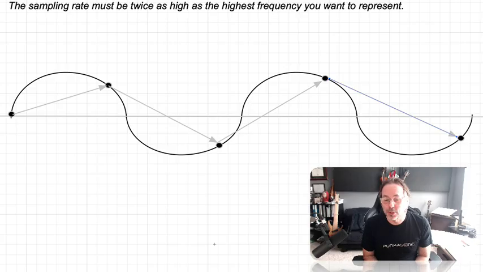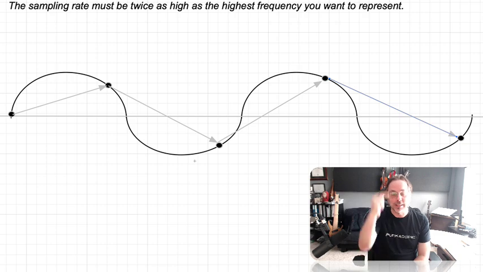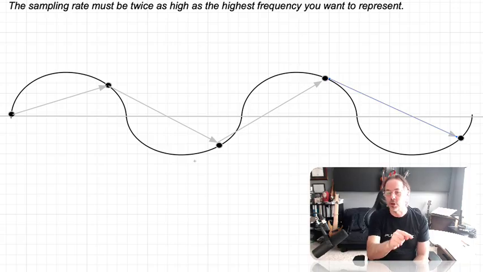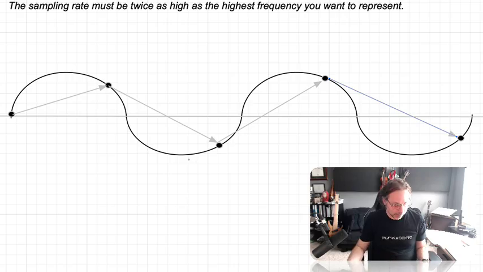Now we have an inaccurate pitch because our brain has basically made a different waveform moving at a different speed. That's wrong. We're going to hear the wrong frequency because we don't have enough samples, because the waveform is moving too fast. And when a waveform is moving too fast, that means it's a high pitch, because the speed of the waveform is what tells us the frequency. Follow? So when a frequency is moving too fast, we don't get enough samples to fill in the gaps.